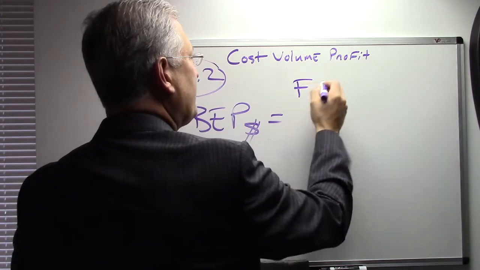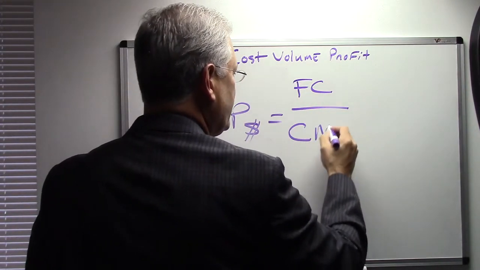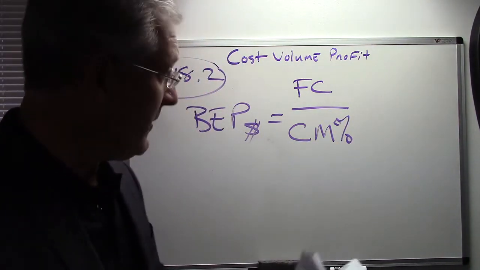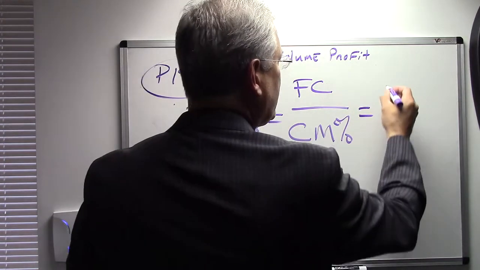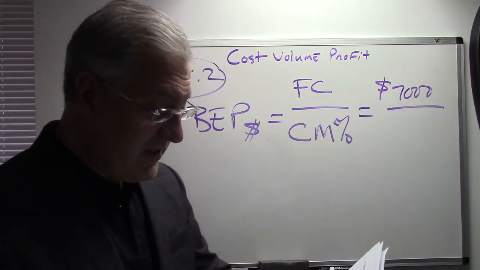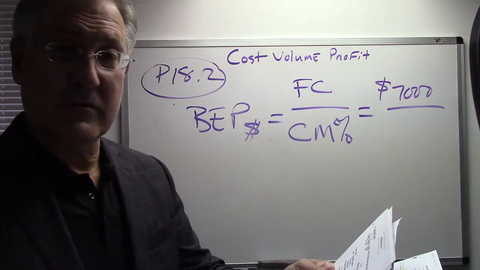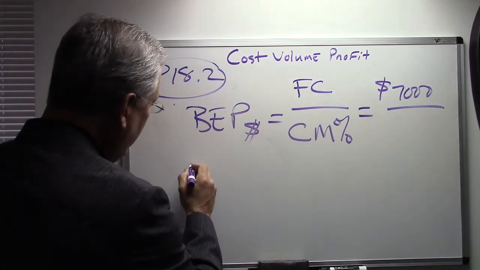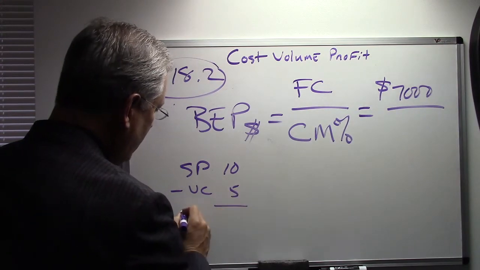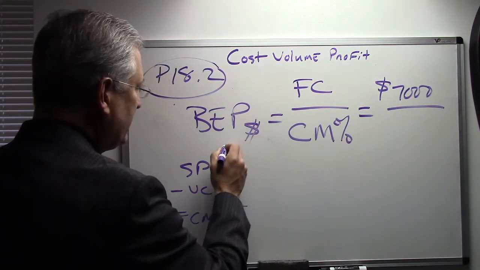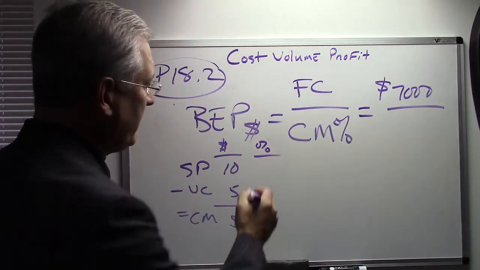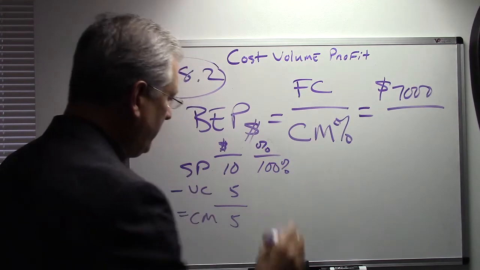That formula is fixed cost divided by the contribution margin percentage, or the CM ratio. Again, we know the fixed costs are $7,000 per month. But what is the contribution margin ratio? Remember, the sales price is $10 less the variable cost of $5 equals the contribution margin of $5. This is in dollars. On percentages, the sales number is always the 100% number.